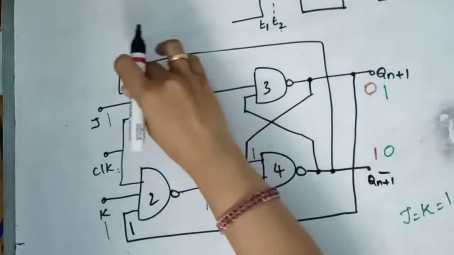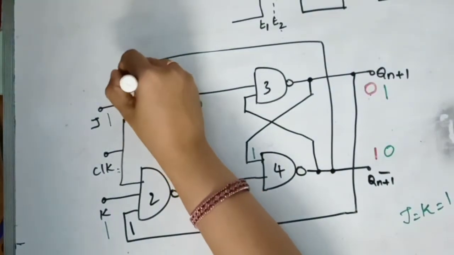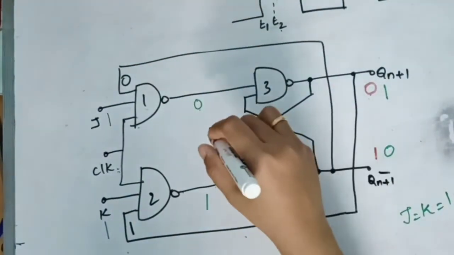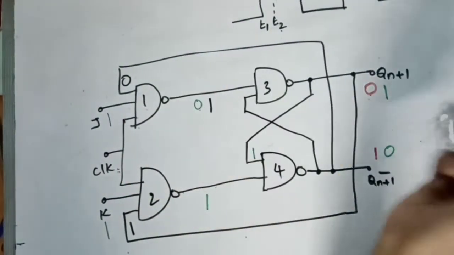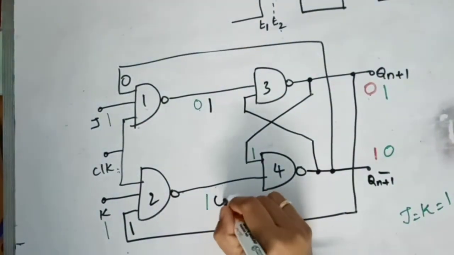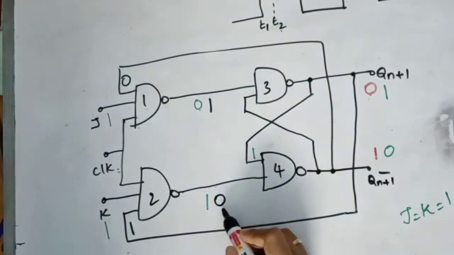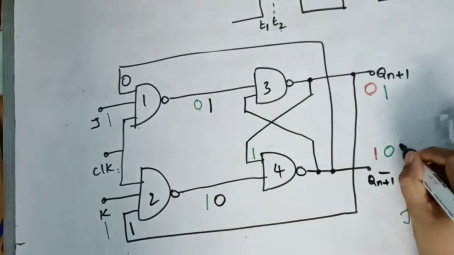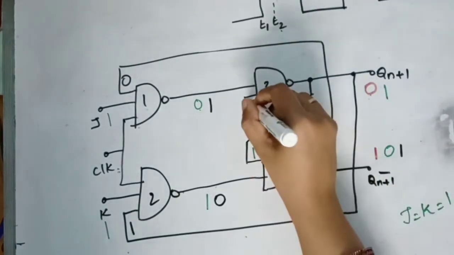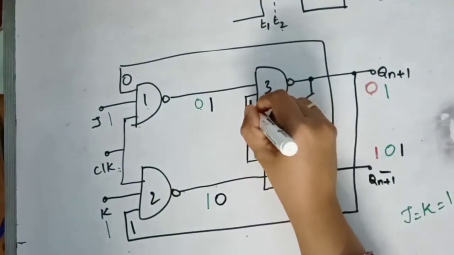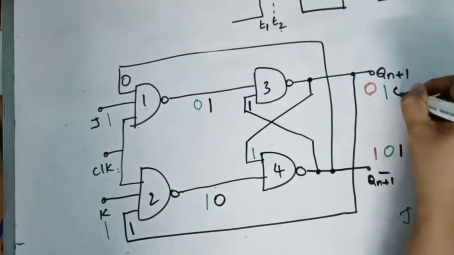This 0 comes here. So this will change to 1 and this will change to 0. When this changes to 0, this will change to 1. That 1 will come up here and this becomes 0.